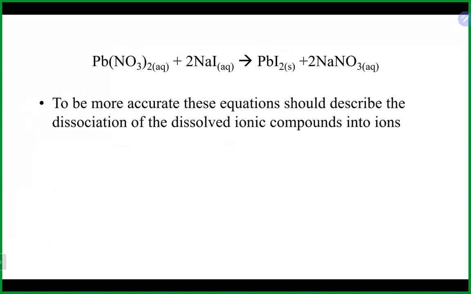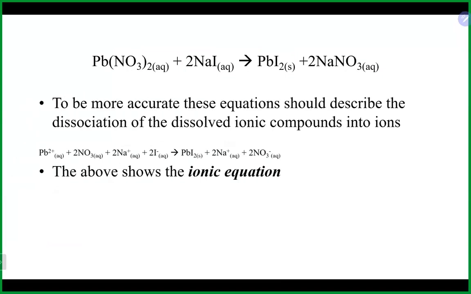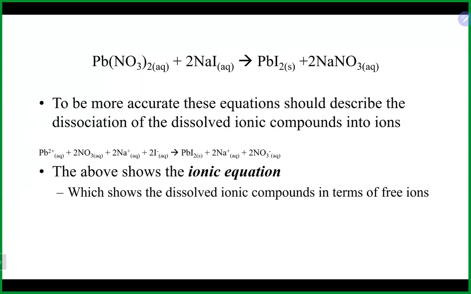All right, so let's take a look here. So once again, this is our guy breaking apart into our total ionic equation, and anything that's a strong electrolyte should be broken apart.